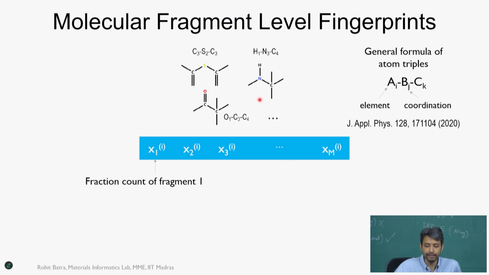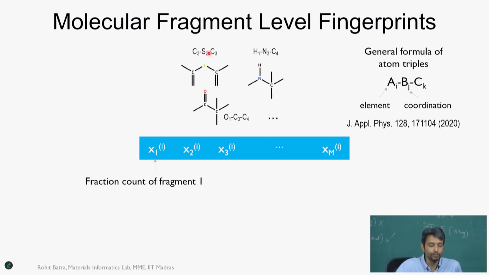So for example, in this case, what people did was they simply looked at triplets. What triplets are present in my polymer? A triplet means element A, B and C with coordination of I, J and K. For example, C3S2C3. C3 means carbon is having 3 bonds, so it is in sp2 state.